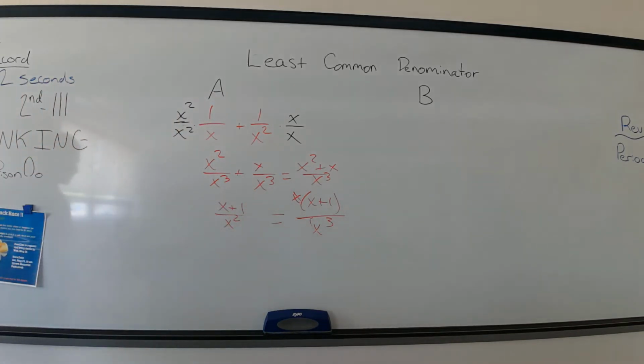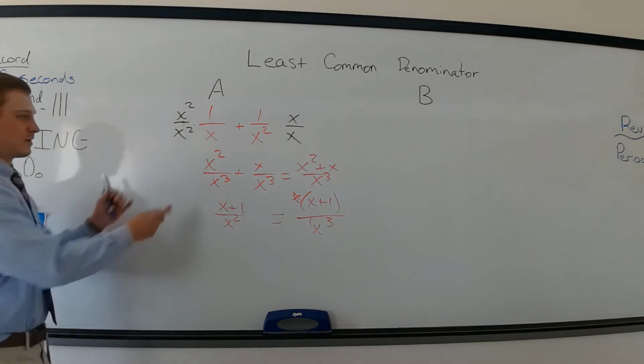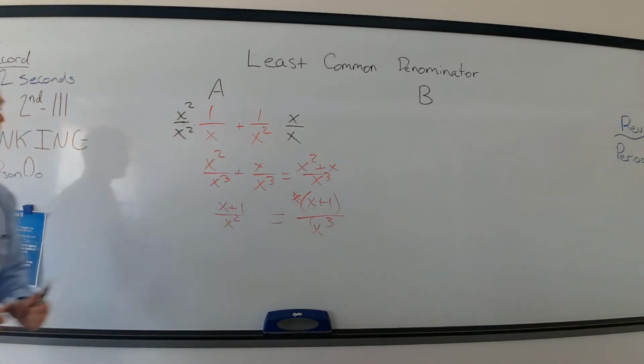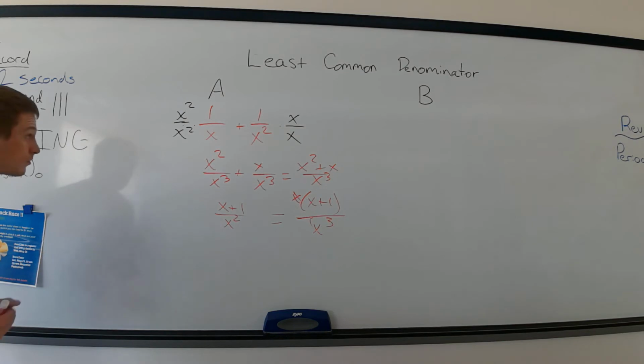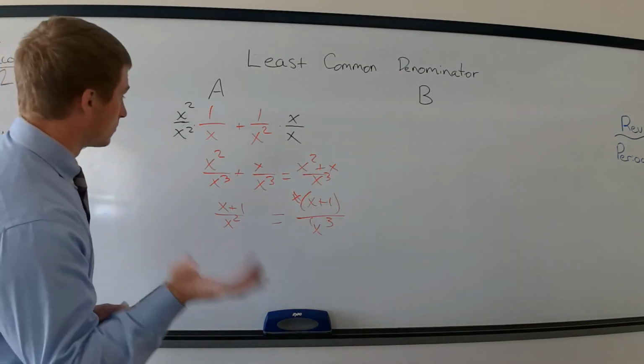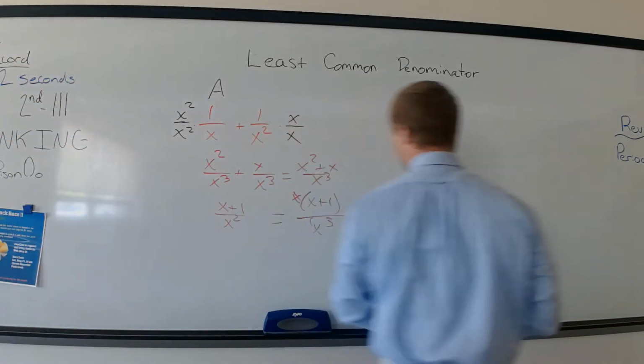So that's once again that other method. This method here where we multiply by the opposite rational expression's denominator.